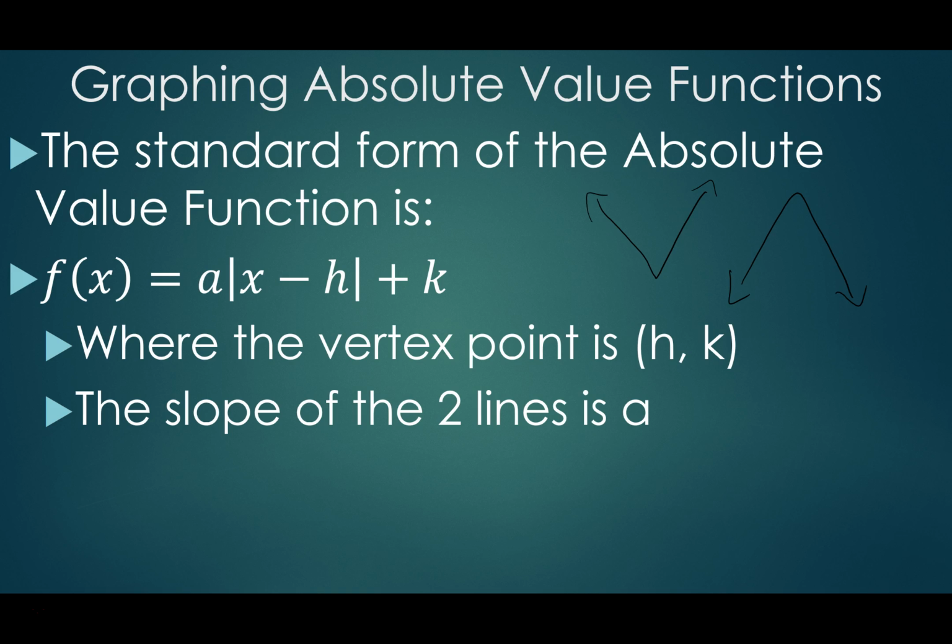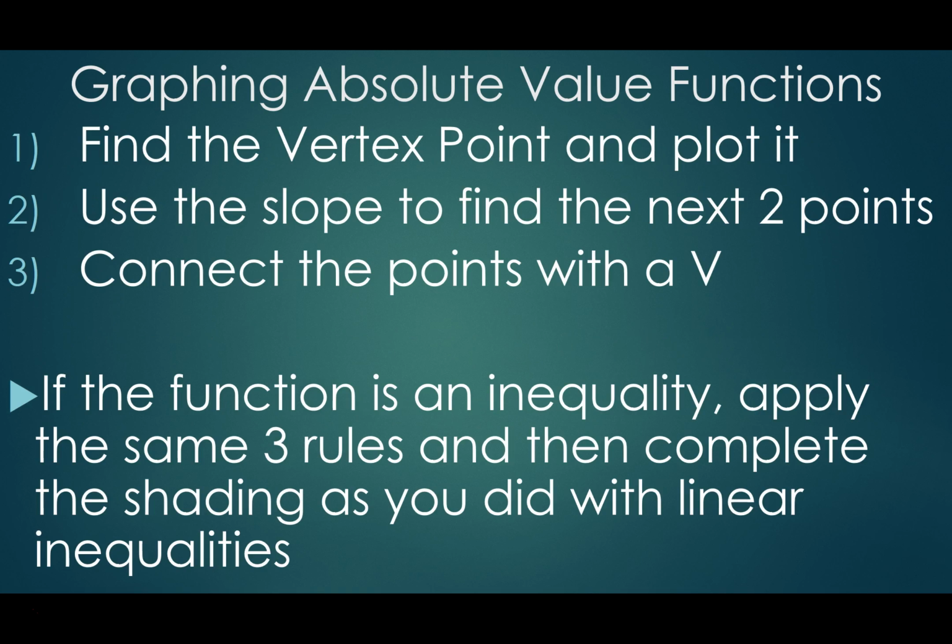So the idea behind graphing this equation is to find the vertex point, which is given to us directly in the equation, plot the point, and use the slope of a, the number in front of the absolute value, to plot the next 2 points. Make sure you recognize that if the a is 1 or negative 1, it won't show up in the problem. It will just be no number there or just a negative sign.